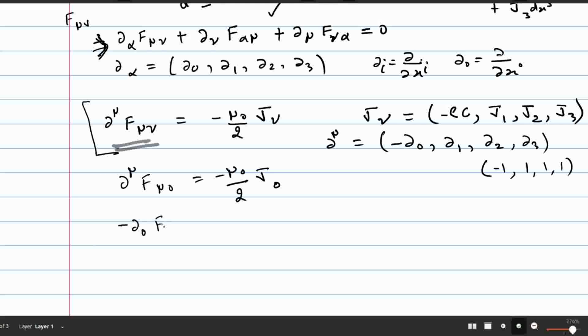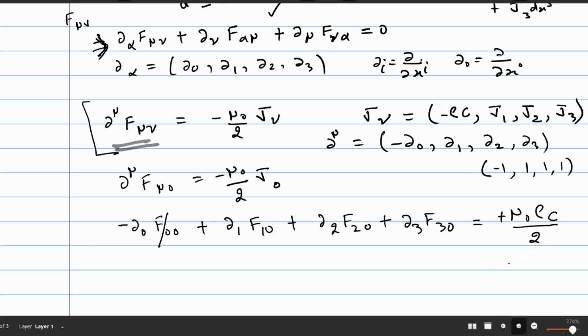But F00 is 0, so this does not contribute. Del upper 1 is simply equal to del lower 1, F10 plus del 2 F20 plus del 3 F30, and this is equal to minus mu 0 by 2 j0. j0 is minus rho c, so we get plus rho c over 2.